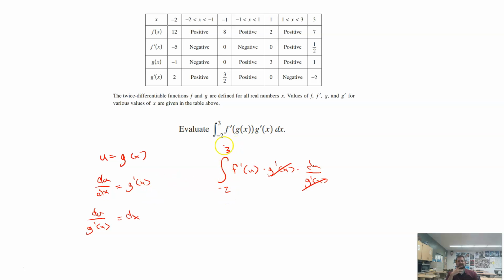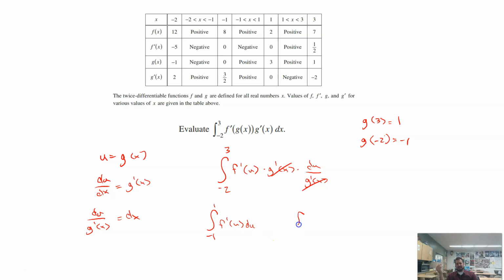Now we also need to change these values to u values. When I take g of 3, I can see that g of 3 is 1, and I can see that g of -2 is -1. So really this is the integral from -1 to 1 of f prime of u du.